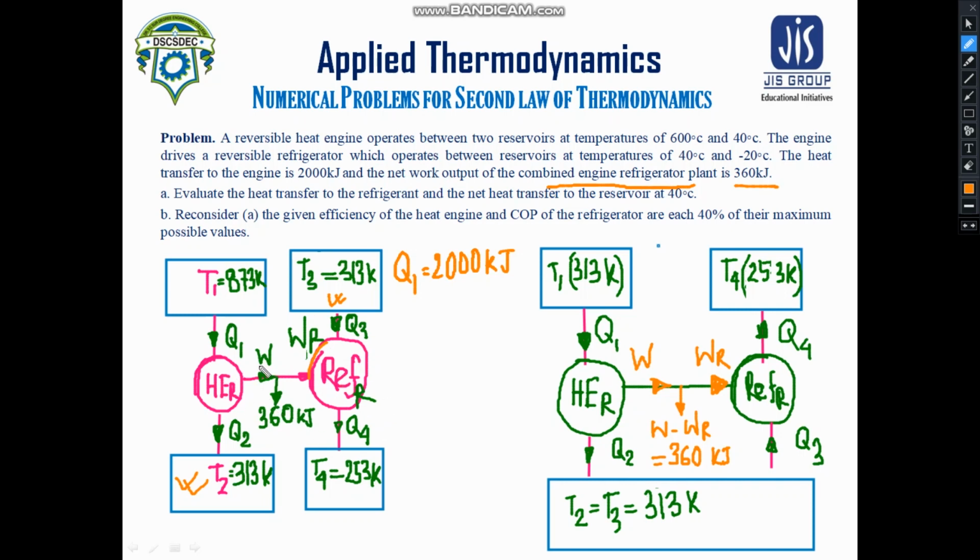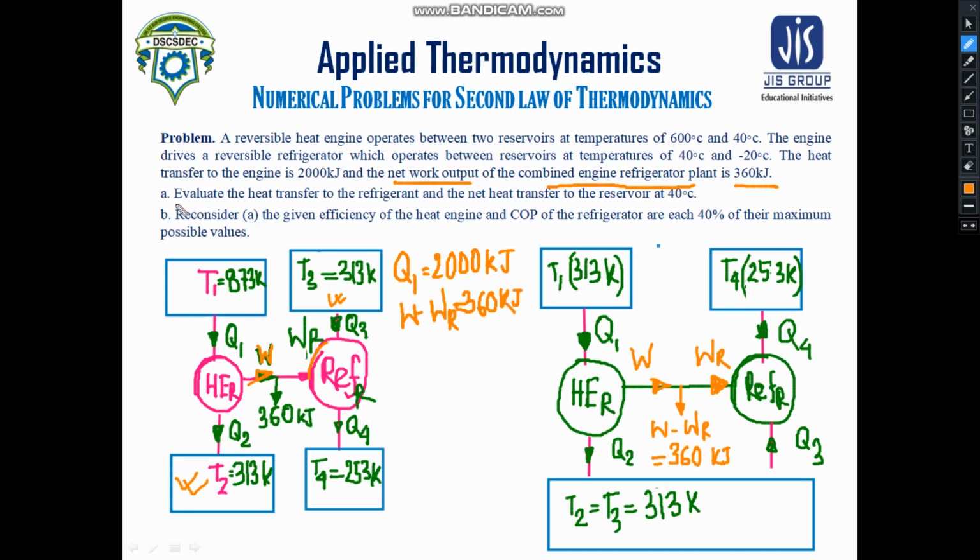Now this W is the work produced by the heat engine, and WR is the work which is consumed by the refrigerator. Now here the net output, this W minus WR, should be equal to 360 kilojoule. I hope you're getting my point.